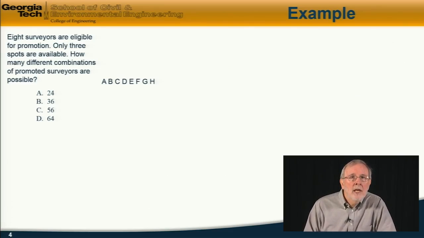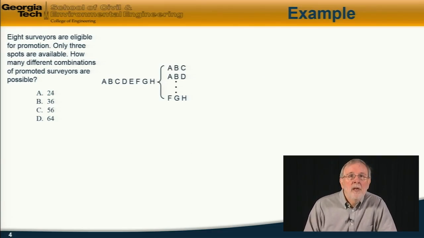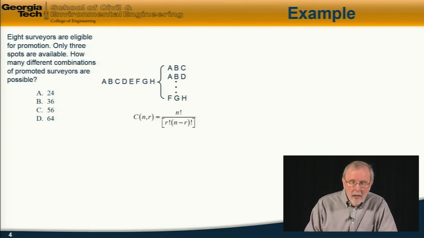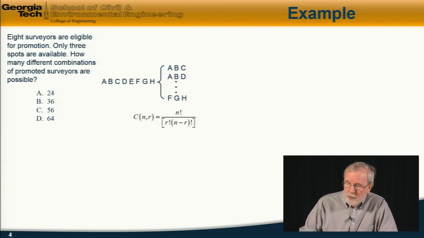So we can start thinking of the number of ways that we can arrange any 3 of those in groups. So, for example, ABC would be a combination, ABD, etc., all the way up to the last one, which is FGH. And overall, the number of combinations is given by a basic expression here. C(n,r) is n factorial divided by r factorial times (n minus r) factorial.